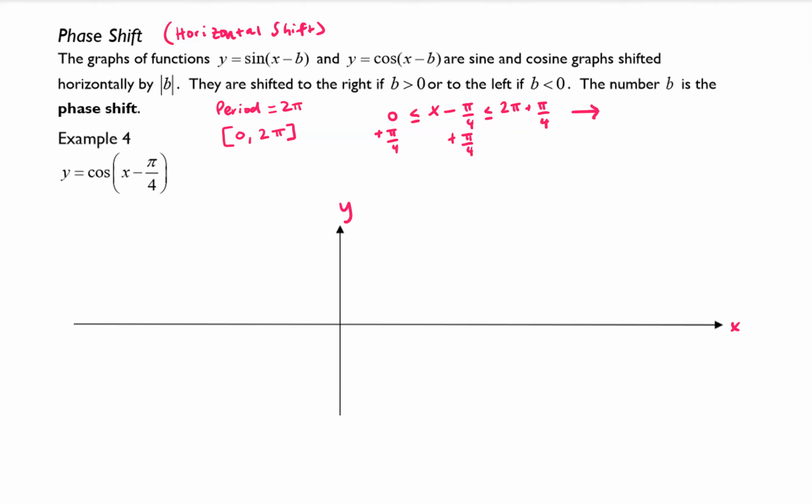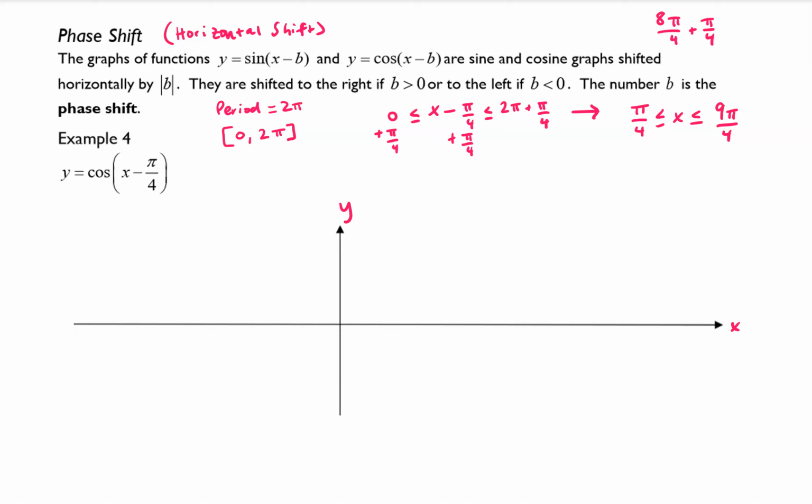If we do that, we get pi over 4 is less than or equal to x, which is less than or equal to 2 pi, which is the same thing as 8 pi over 4. And if we add pi over 4, that will result in 9 pi over 4.